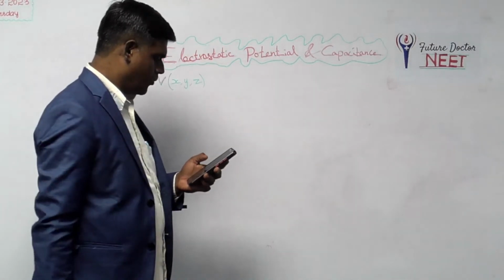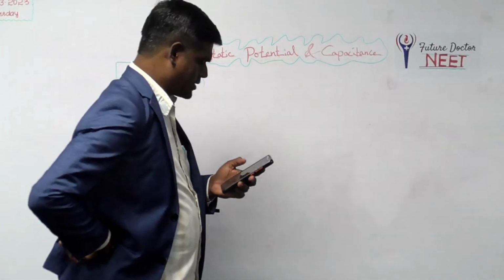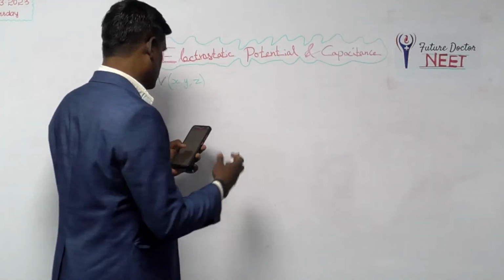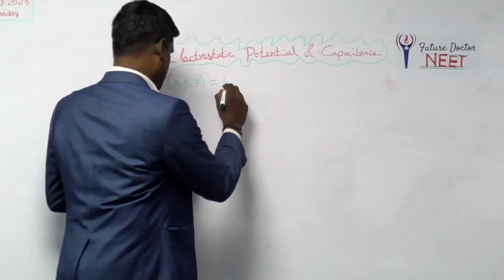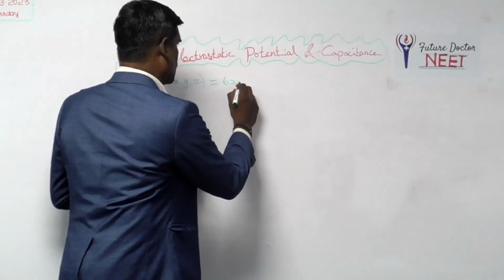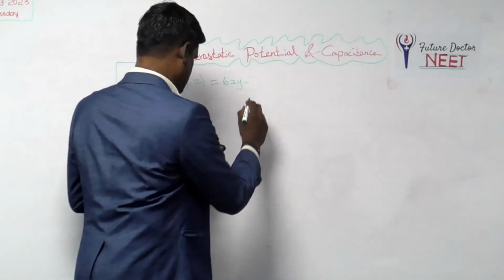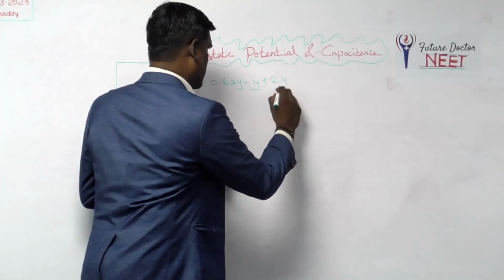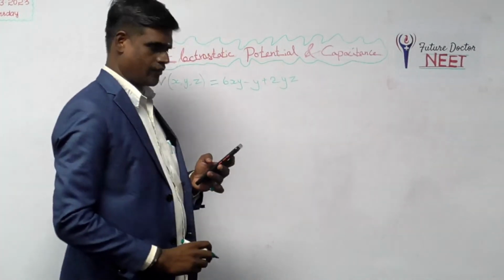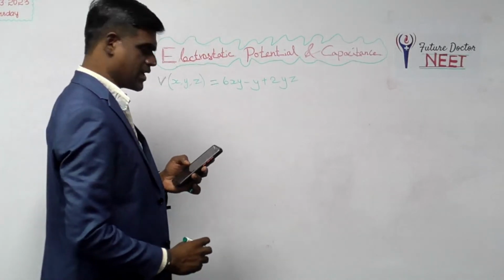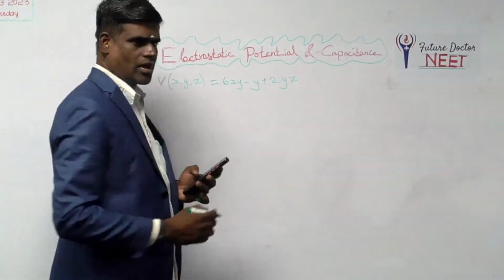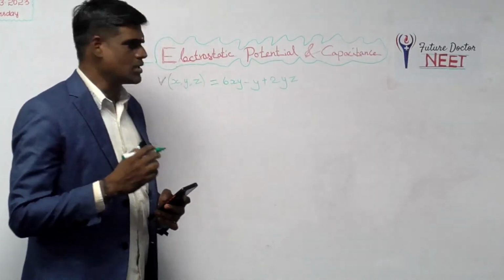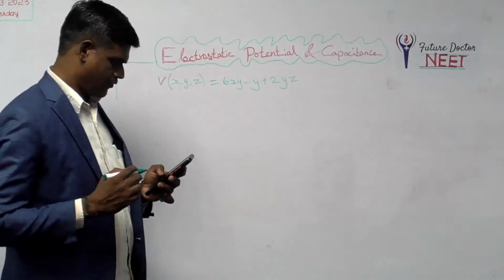Write down. If potential in volt in a region is expressed as V of x comma y comma z equal to 6xy minus y plus 2yz. If potential in a region is expressed as V of x comma y comma z equal to 6xy minus y plus 2yz.